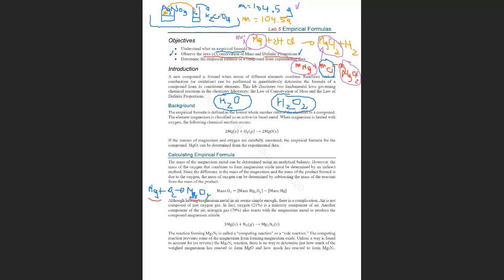But what is the mass of oxygen? Because I am going to record the weight of the whole compound. The mass of the oxygen is going to be the mass of the compound minus the mass of the magnesium. So this is an example that we are not doing.